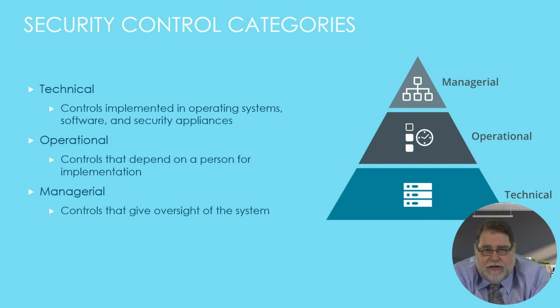When we talk about security control, we first have to talk about how a control category describes how it's implemented. For instance, a document access policy is managerial. Checking that permissions are applied according to the policy is operational, and the file system permissions are technical in nature.